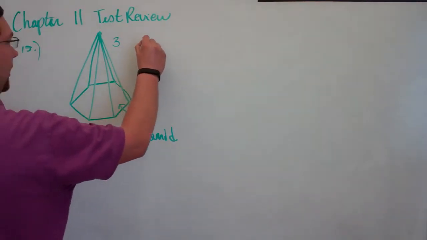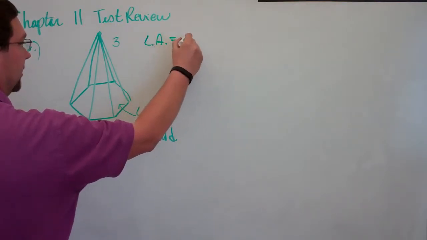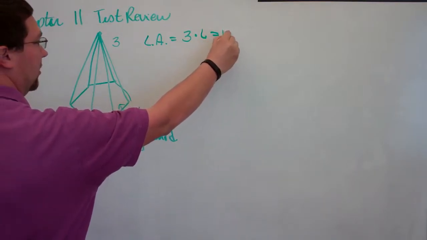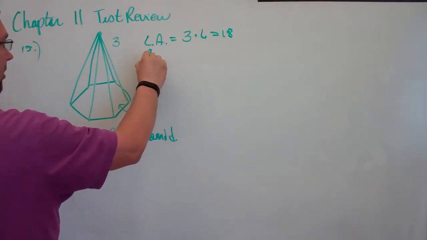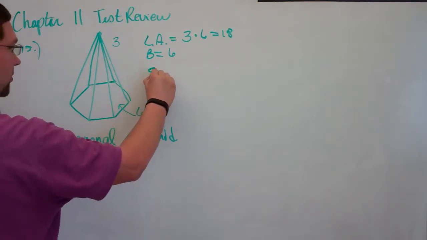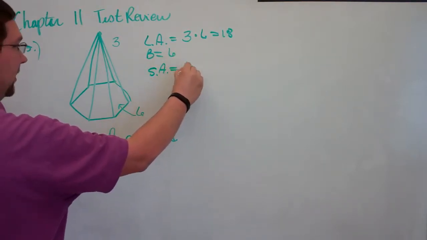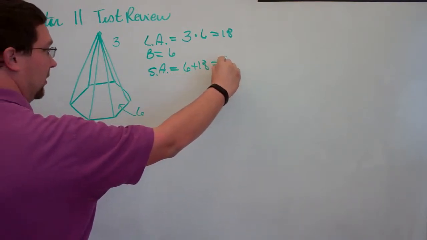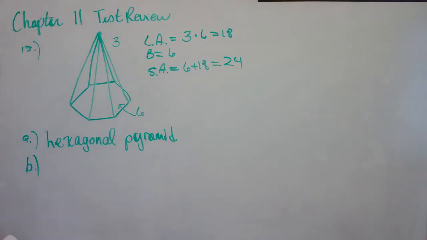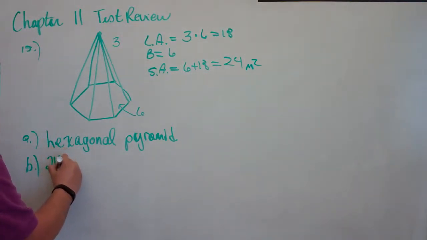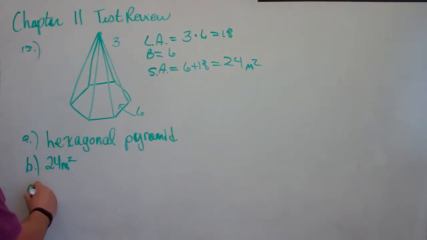So our lateral area is simply the area of one of them times however many there are. That gives us 18. And the area of our base, which they already gave us, is 6. So our total surface area is going to be 6 plus 18, because that's the base plus the lateral area, which gives us 24, meters squared. Okay, so B is 24 meters squared.